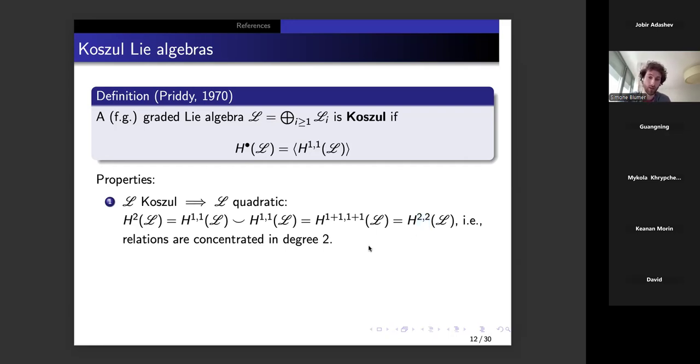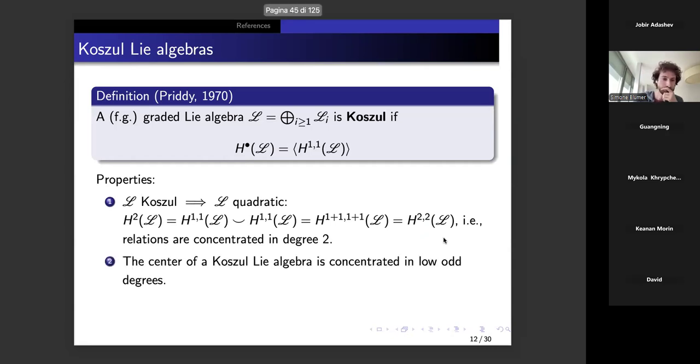And this implies that all the relations that are encoded in the second cohomology group are concentrated in degree 2 by this equality here. So yeah, Koszul Lie algebras are a particular kind of quadratic Lie algebras.